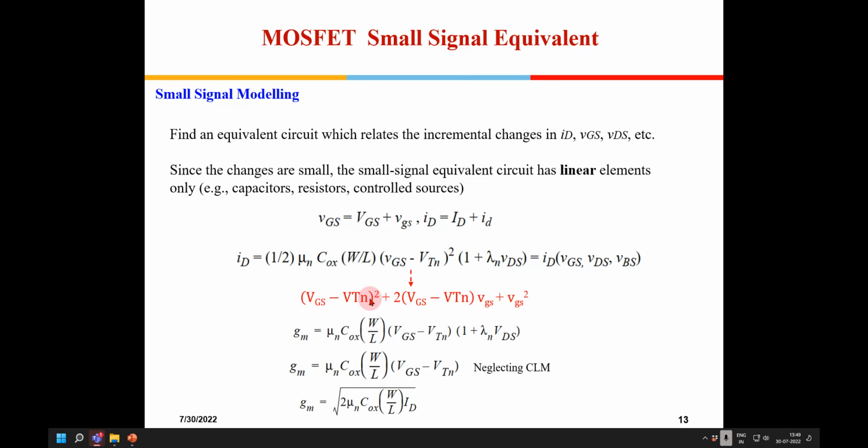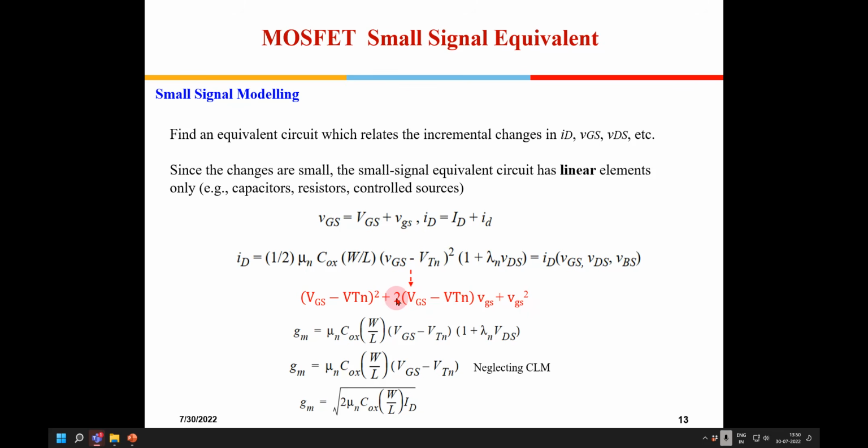Okay, this is a constant. Now I am going to find out the change in ID with the change in VGS. That will give me gm. So if I do delta ID by delta VGS, this term vanishes because it is constant. This term is the square of vgs, which, since vgs is small, I neglect.